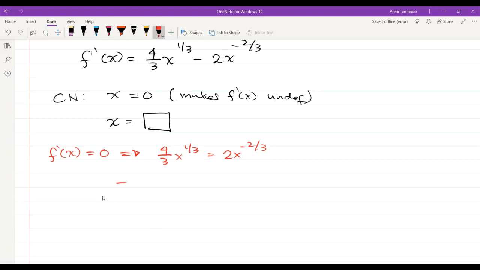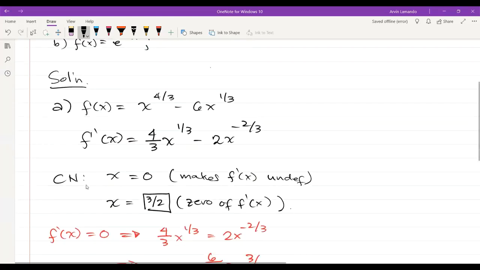And so this implies that x is equal to 6/4, or 3/2. Okay. So another critical number for f is given by x equals 3/2, the zero of f prime.